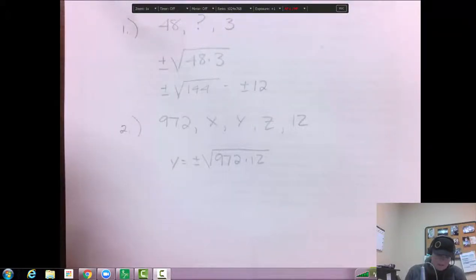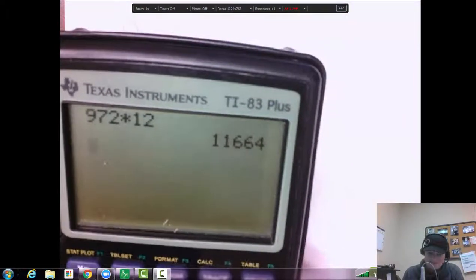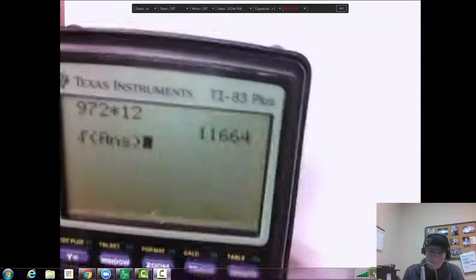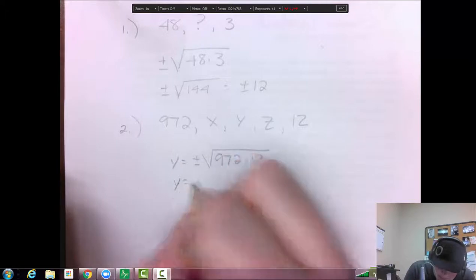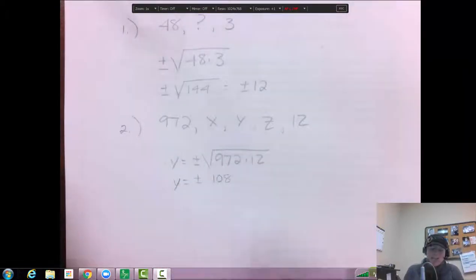So 972 times 12, yes, I am definitely using my calculator, is 11,664, and then I'm going to square root that number, and I get 108. So y is equal to positive or negative 108. So let's see. Now we know y.